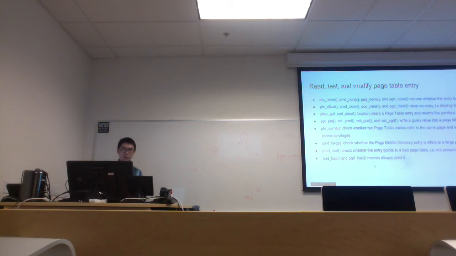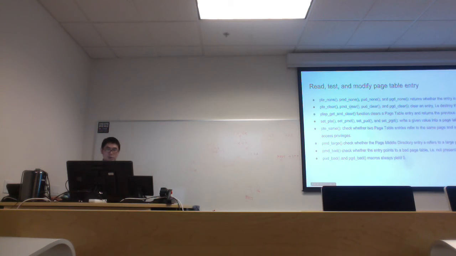Let's have a look at a few macros that allow you to read, test, and modify page table entries, like pte_none or pmd_none. The suffix none means whether the whole entry is 0 or not. Why test whether it's all 0? Because these page table entries might not be allocated at all.